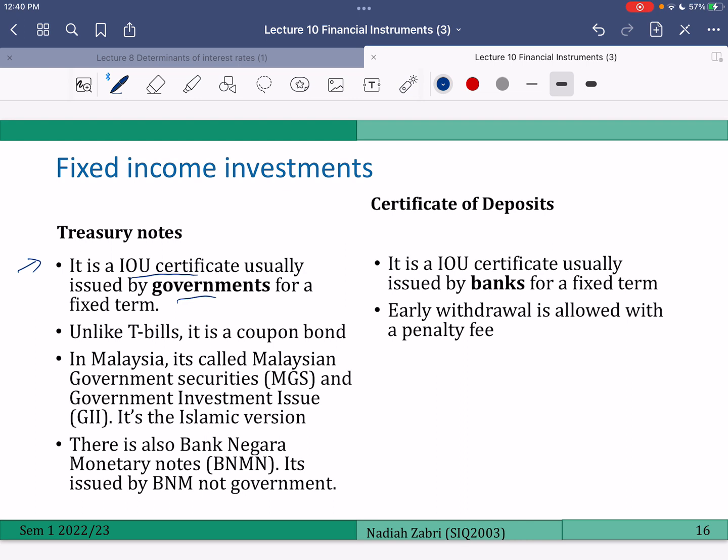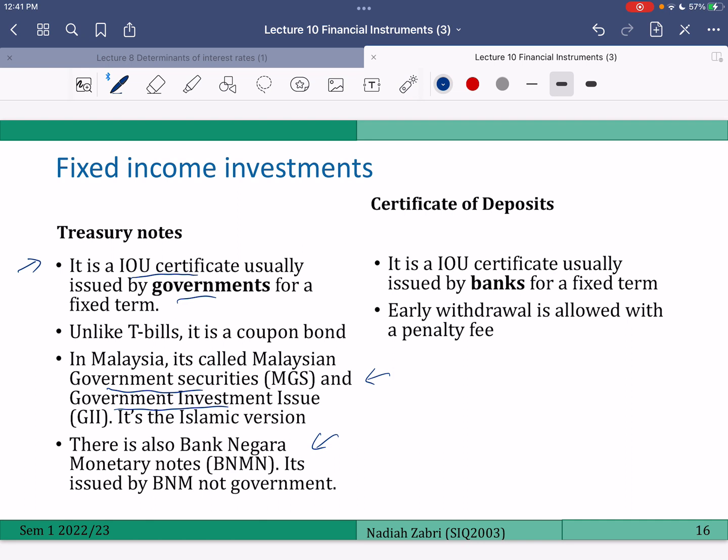We call it MGS, Malaysian Government Securities, and the Islamic version is GII, Government Investment Issue. Bank Negara also issues its own coupon bonds, called the Bank Negara Monetary Notes.